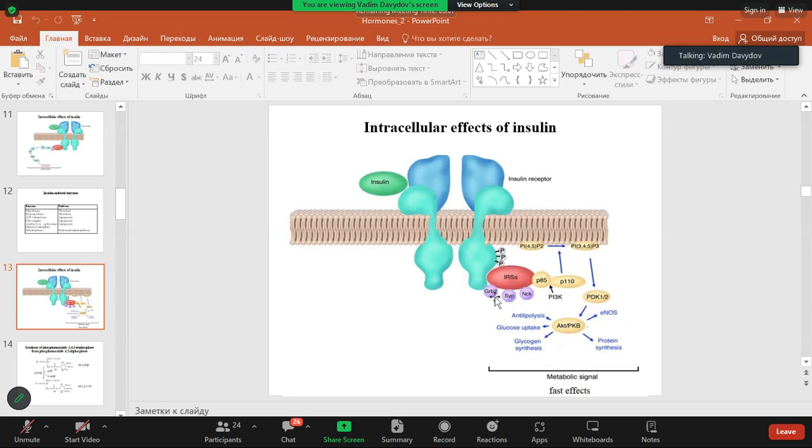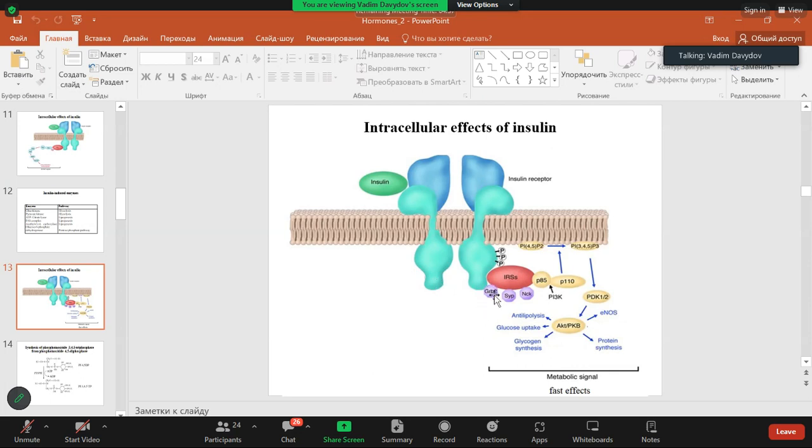My dear colleagues, when we talked about activation of RAS protein, we said that the active insulin receptor undergoes phosphorylation of a special protein called SHC, which serves as a substrate of the receptor.